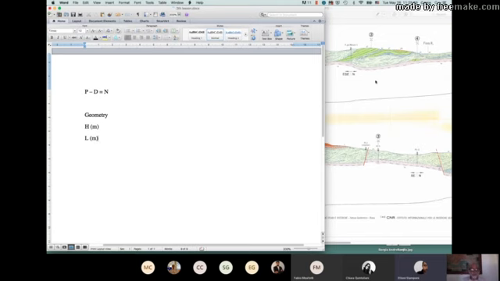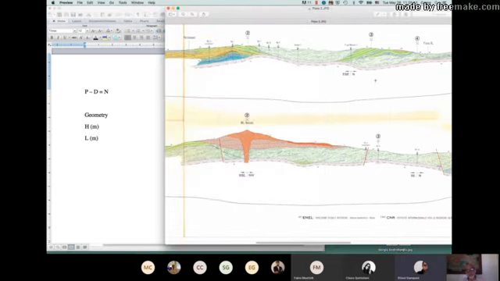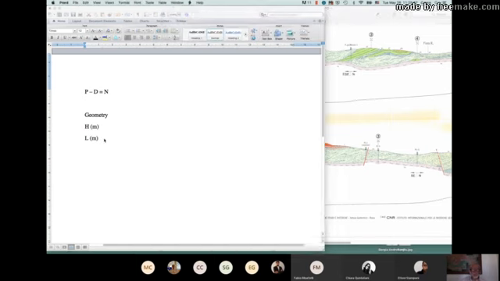So geometry, well, we are done. I guess in geometry, the two main parameters are how deep your geothermal system is and how wide your geothermal system is. Now, by the way, this horizontal dimension that you see here between the farthest edge of the geothermal field and the recharge area is in the order of about 5 kilometers.